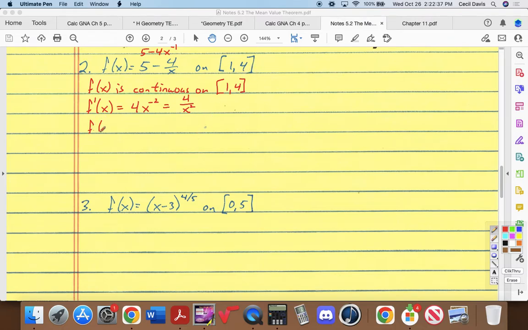So f of x is differentiable on the open interval from 1 to 4. So the mean value theorem applies.